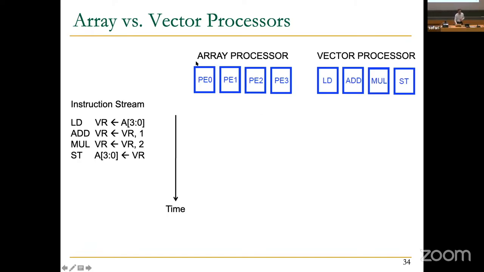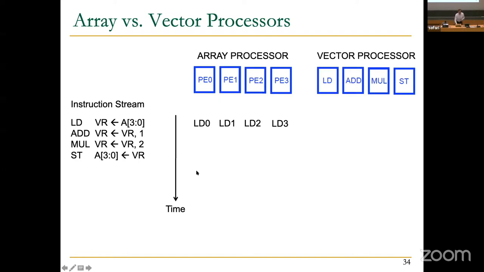Okay, let's see how this executes on an array processor versus a vector processor. Vector length in this case is 4. I'm going to define that more formally soon. But basically, an array processor can do the same operation across multiple processing elements in the same cycle. All of these processing elements are capable of executing all of these instructions. So these are beefy, expensive processing elements.